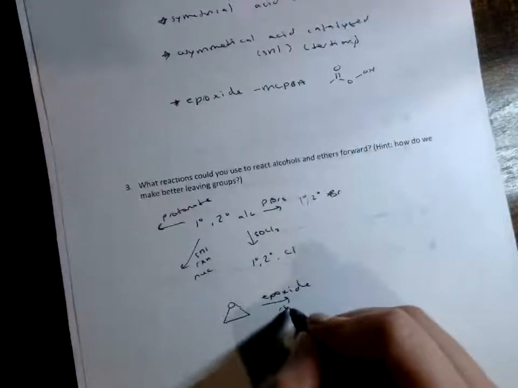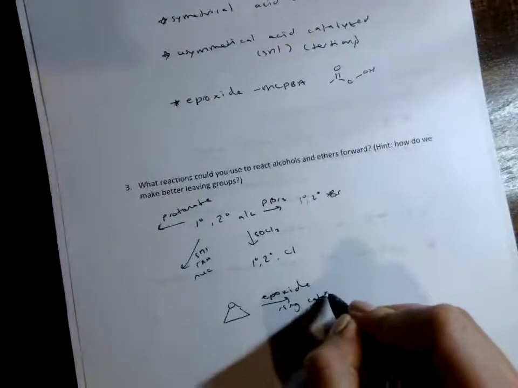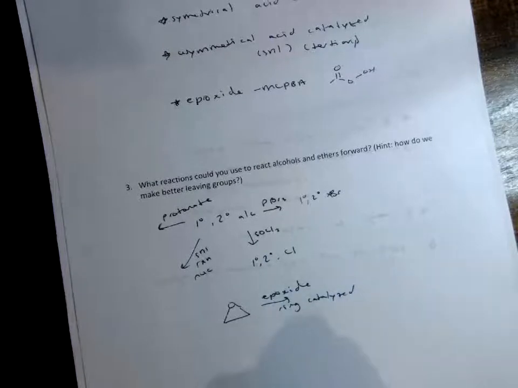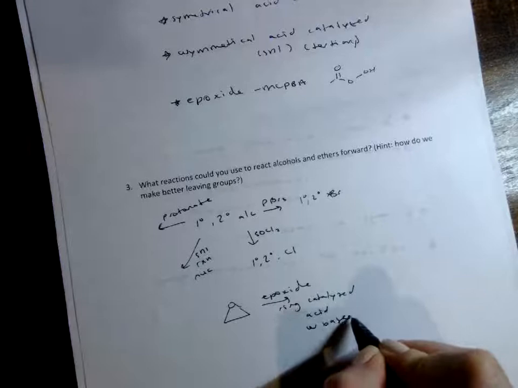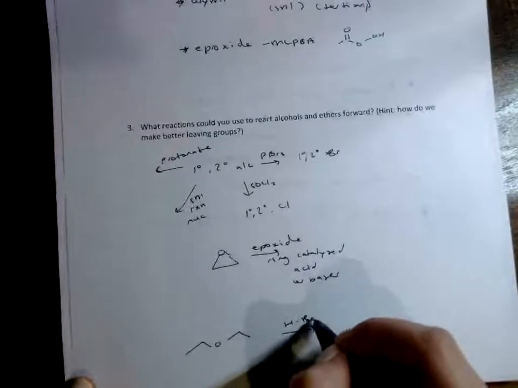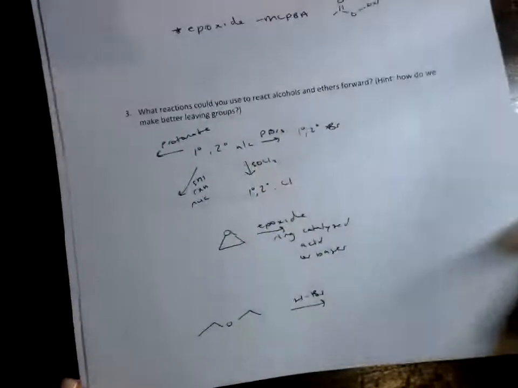And then in addition to the epoxide ring opening, that's acid or base catalyzed, and we'll talk about that more in another video. You can also do a cleavage of ethers with HBr or another HX.